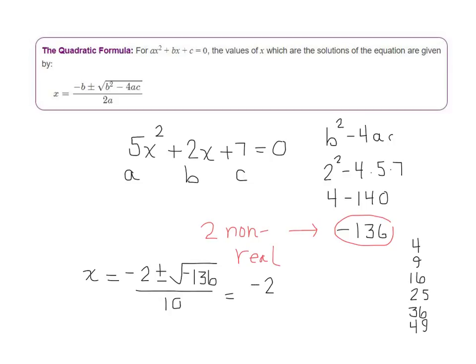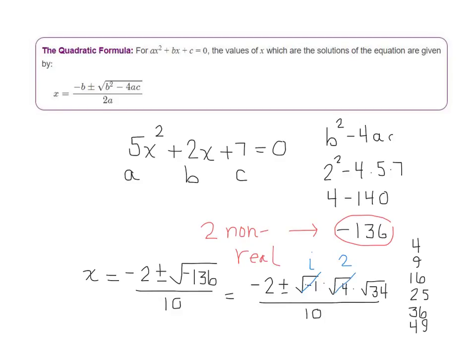So we can rewrite that radical as the square root of negative 1 times the square root of 4 times the square root of 34. The square root of negative 1, of course, is i. The square root of 4 is 2.